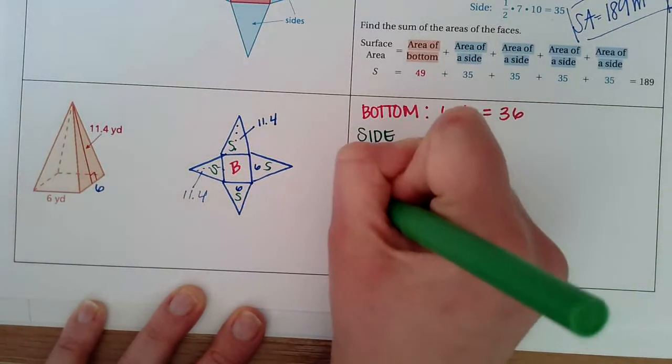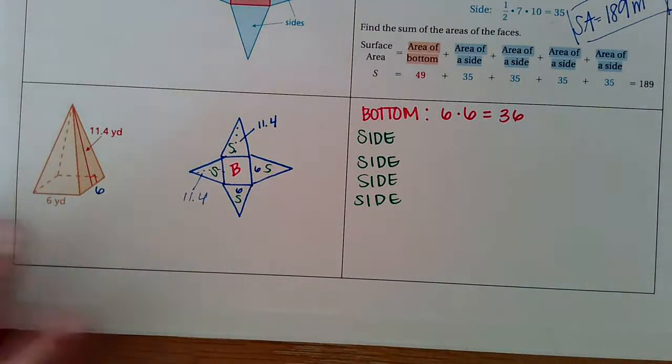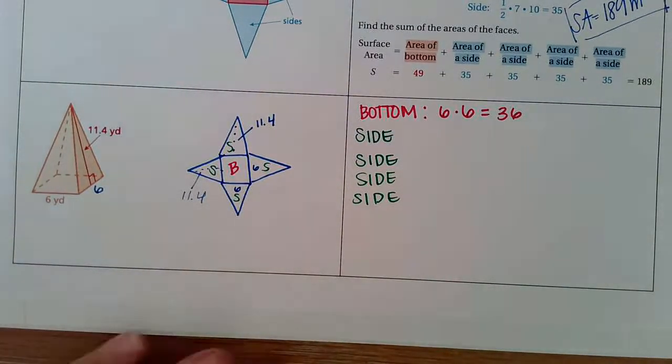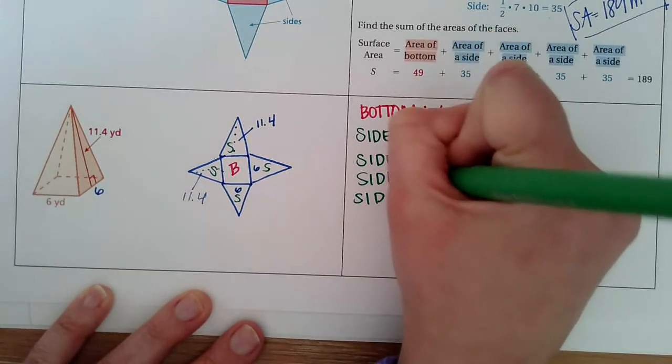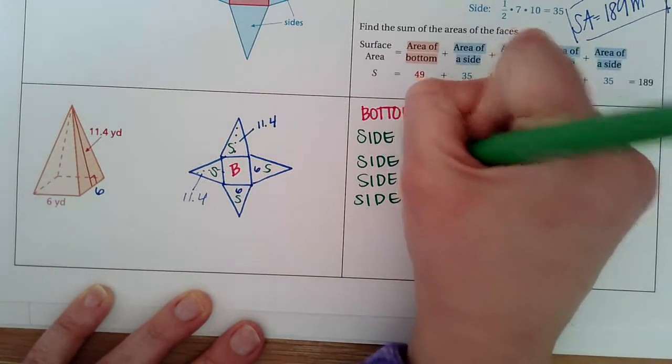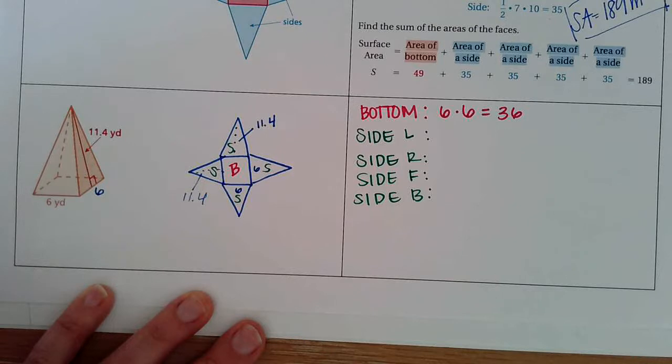I like to label, for example, when we have a rectangular one, the triangles will have different dimensions. So I just go left, right, front and back, and then determine my dimensions from there. I would label that further here if I had a rectangular pyramid.